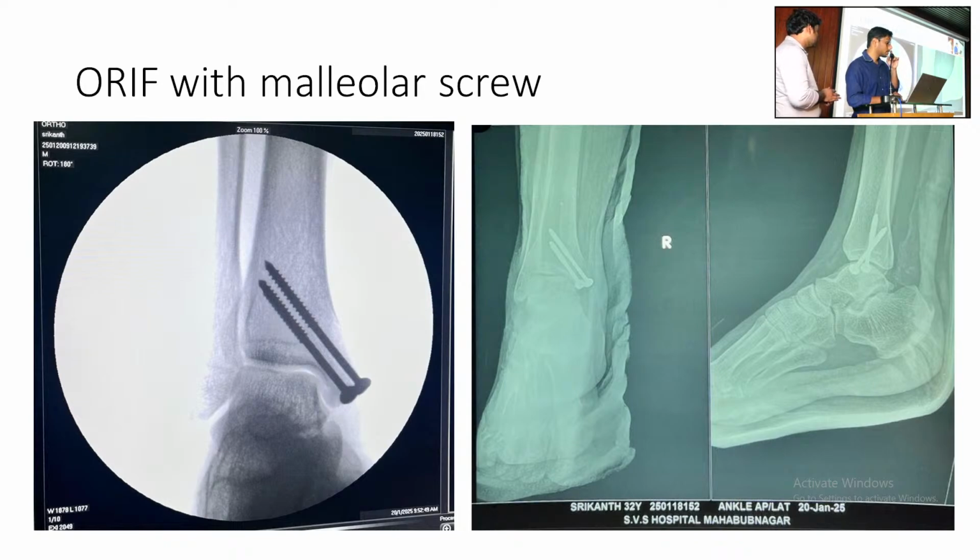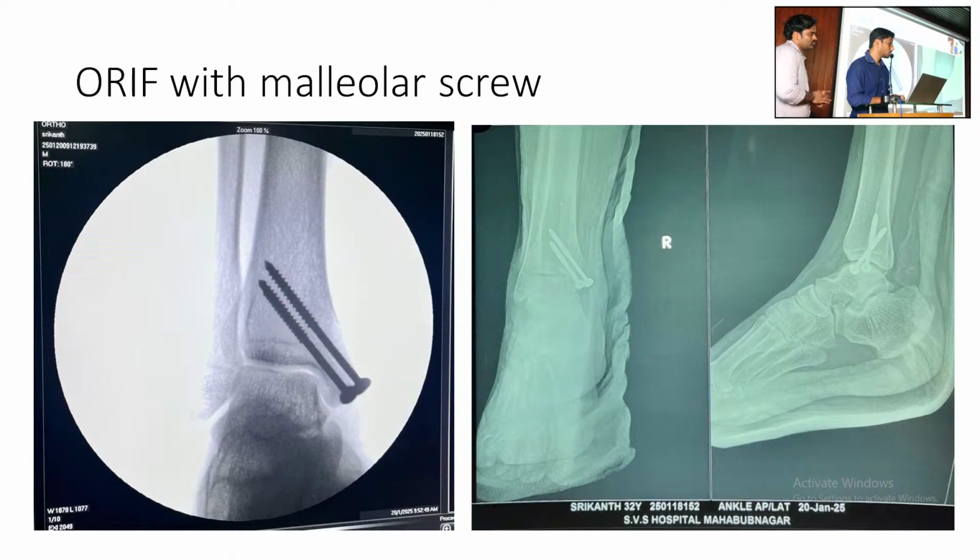Compression, sir. Interfragmentary compression. The lag screw. Yes, to get compression at the fracture site. What do you mean by the lag effect? It distracts and compresses at the fracture site, sir. It maintains compression at the fracture site.